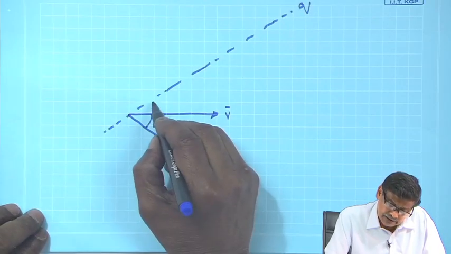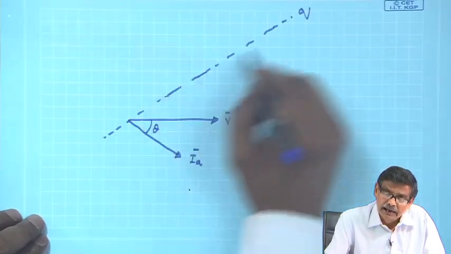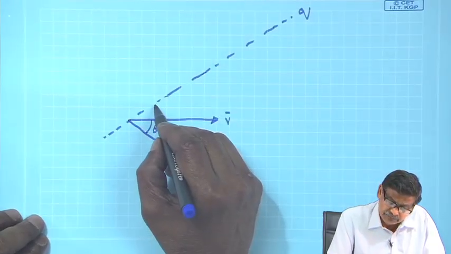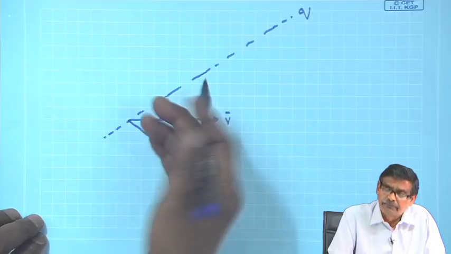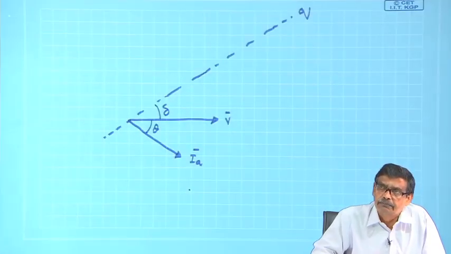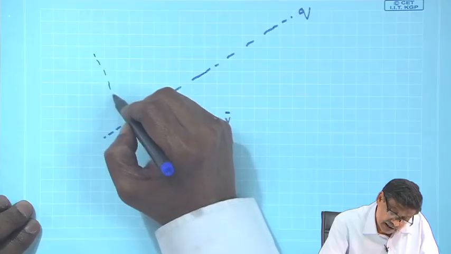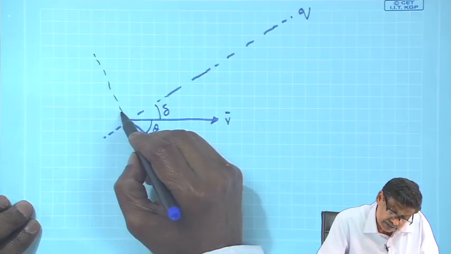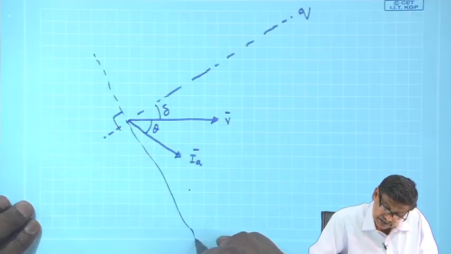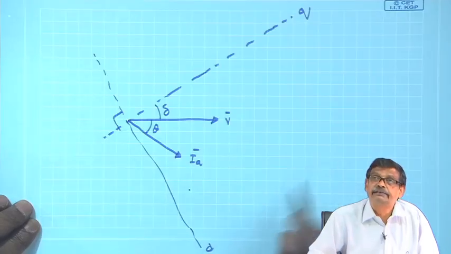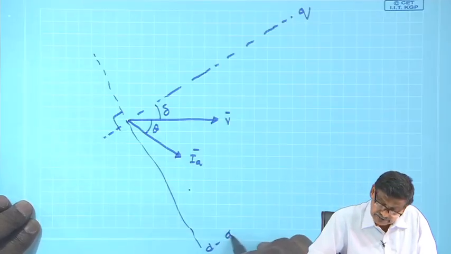Wherever E f will be, I do not know till now, but I am sure this angle will be some delta, the angle between E f and terminal voltage. Then I am drawing a line perpendicular to this, and I will say this is your d axis.